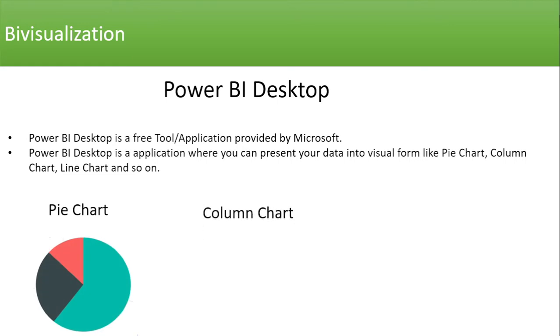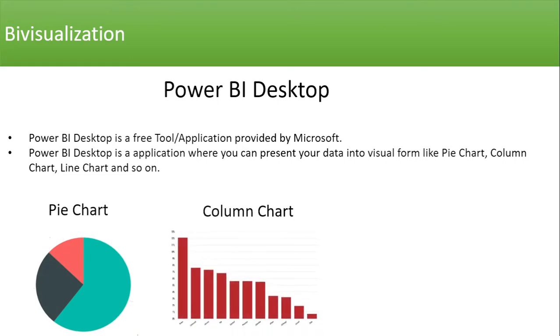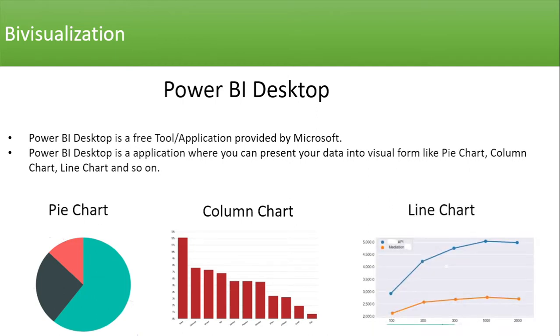A column chart looks like this. A line chart looks like this. These are three kinds of tiles available in Power BI Desktop, but some other tiles are also available.